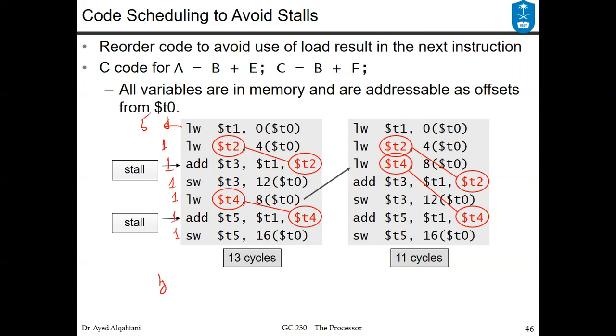So it's 5 plus 1, 2, 3, 4, 5, 6, and that's 11. Plus those 2 more stalls. So the total is 13 cycles. Remember, in the pipeline, the first instruction will take 5 cycles, and then every subsequent instruction will take 1 more cycle, plus the stalls based on the hazards that you have.